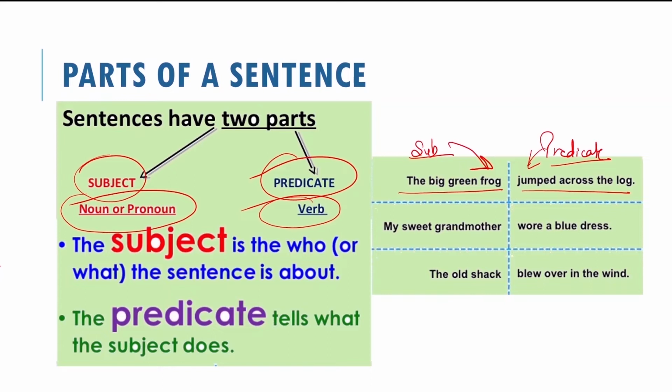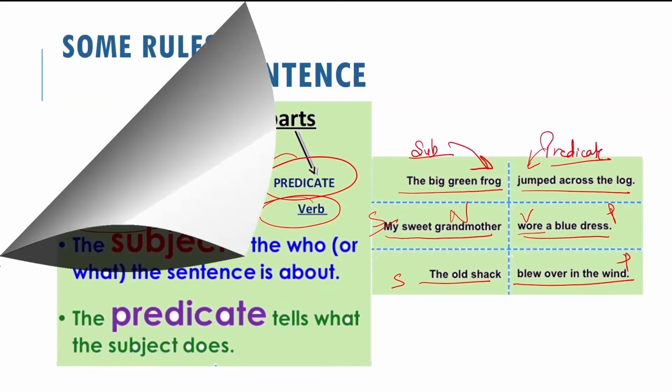Jumped across the log. Same way we can identify subject and predicate in the next sentence. My sweet grandmother... Grandmother is noun here and it is the subject, and verb is the predicate. We can identify subject and predicate by identifying noun and verb. The old shack, subject, blew over in the wind, predicate.